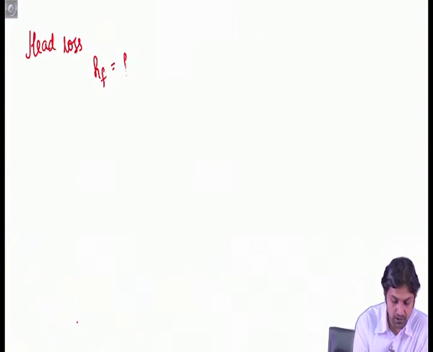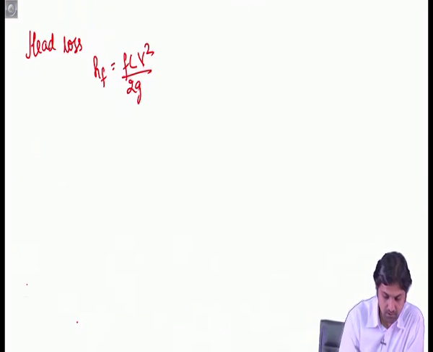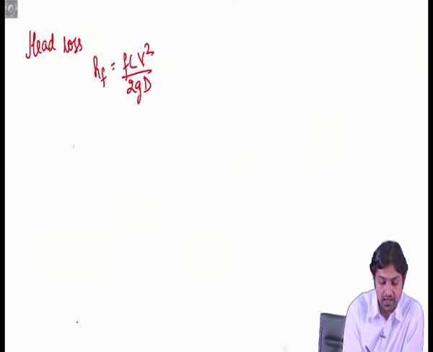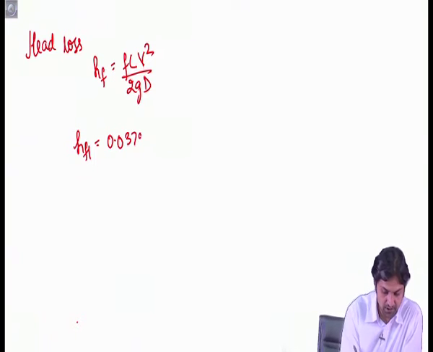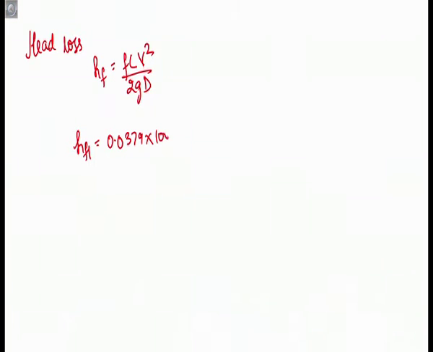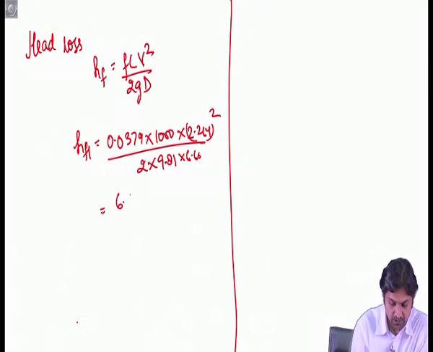HF is equal to F L V square by 2 G D. So before the lining was put, HF1 would be 0.0379, that was the friction factor 1, length is 1000 and velocity was 2.264 whole square divided by 2 into 9.81 into 1.50. So HF1 comes out to be 6.6 meter.